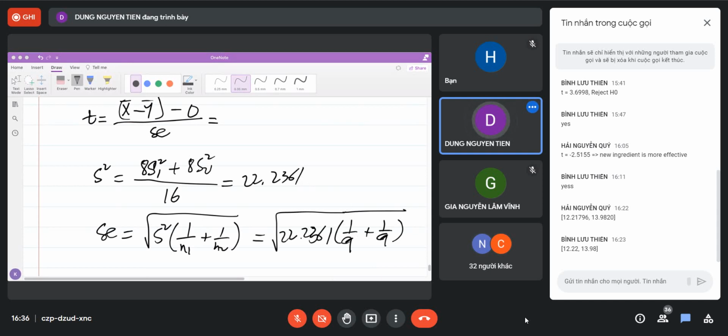The standard error in this case is, let me see. Can you help me with that, everybody? Can you get that number, the standard error?